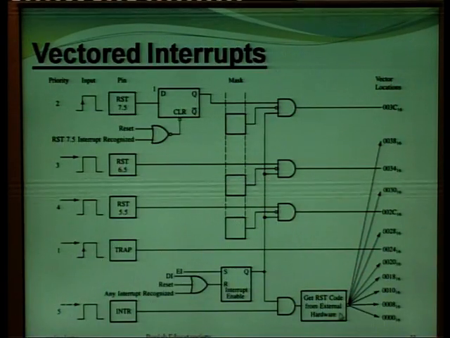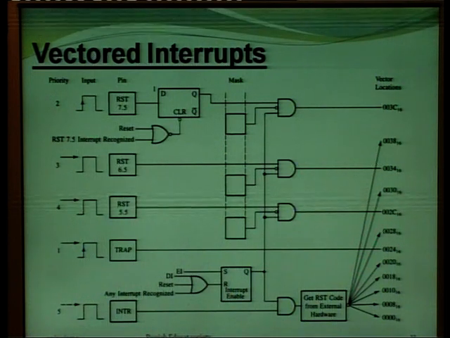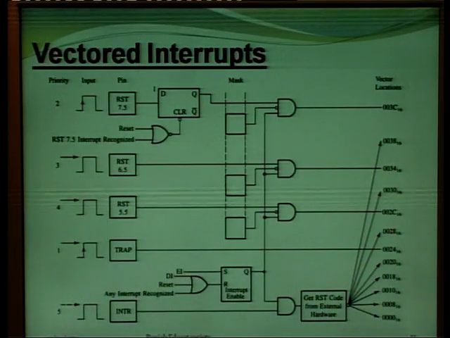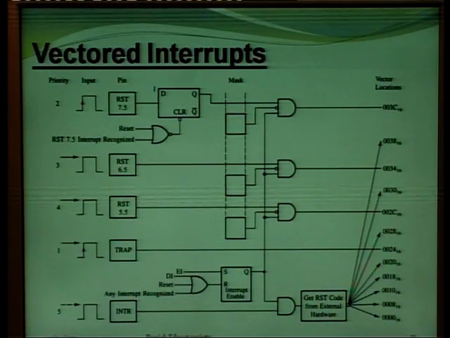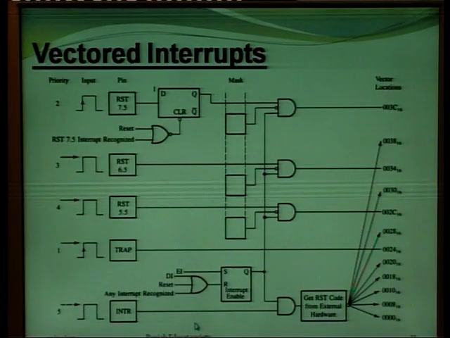Whereas, INTR, that is the least priority interrupt, can be enabled or disabled by the instruction EI or DI, and it is the only non-vectored interrupt in the case of 8085. So, in this case, the address is supplied by the external hardware to the microprocessor.